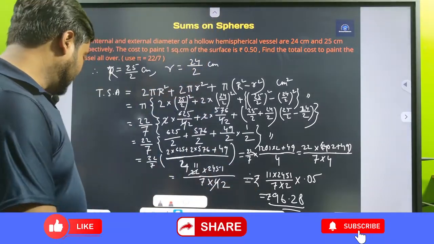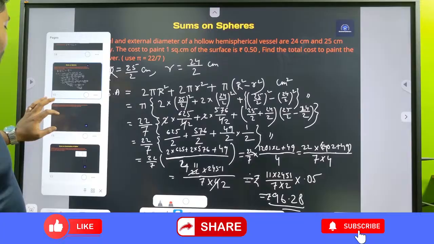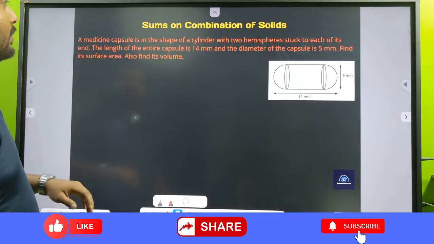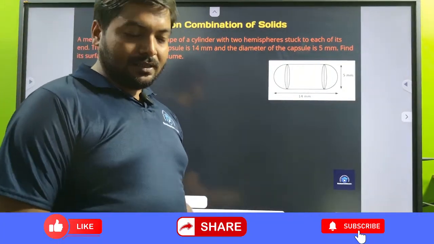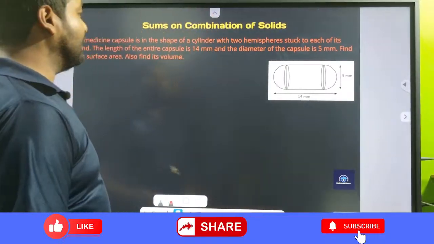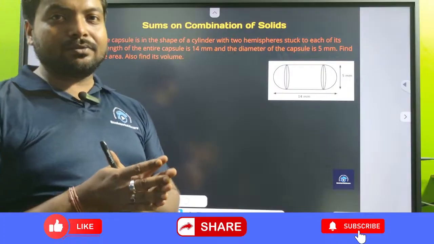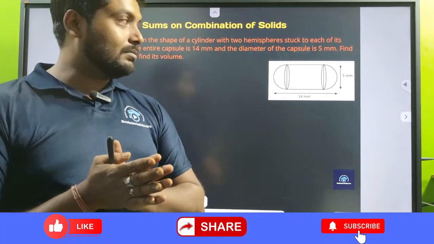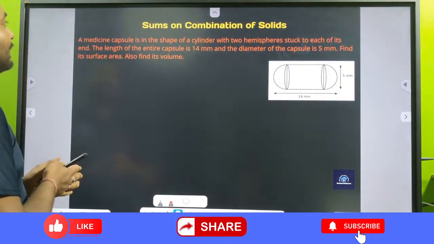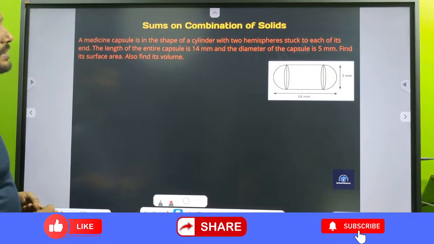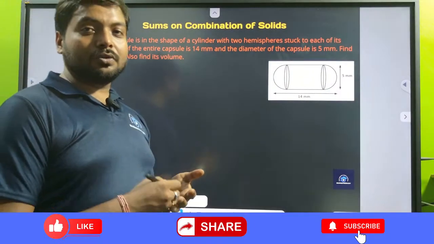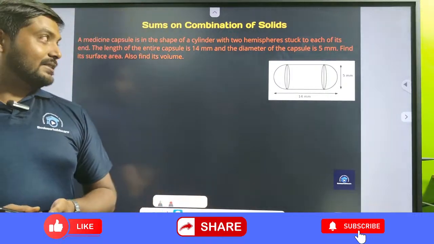So, in the next portion, we will do sums on combination of solids. That means here 2 to 3 types of solids are combined together, and we will solve problems like that. This is one of the most trendy questions in board exams.